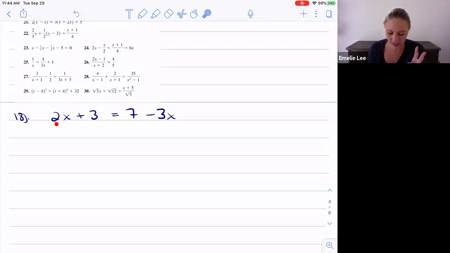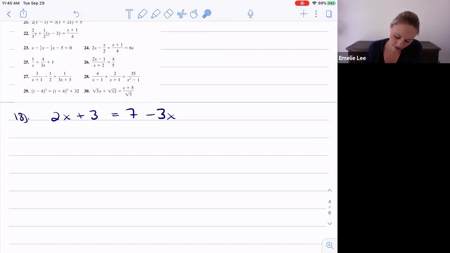You could collect your x's on the right-hand side, meaning you'd have to move your constants to the left-hand side, or you could move your constants to the right-hand side and your x's to the left-hand side, right? I don't know about you guys, I don't like dealing with negatives. I find that they're kind of annoying, so I try to avoid negatives if I can.